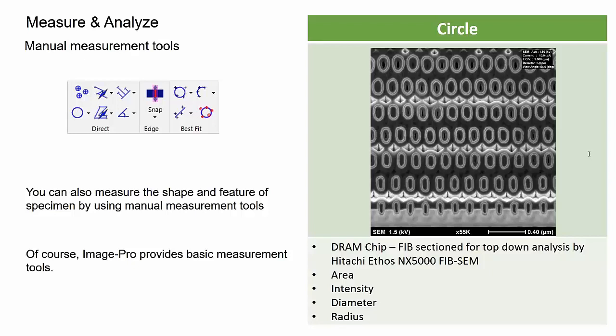There's lots of different software available out there that can complement the electron microscope. But just to show you how easy it is, even for the most simple tools, Media Cybernetics Image Pro software is actually very nice and has lots of different kinds of measurement tools. And here are just a few, to show you, for doing manual measurements.